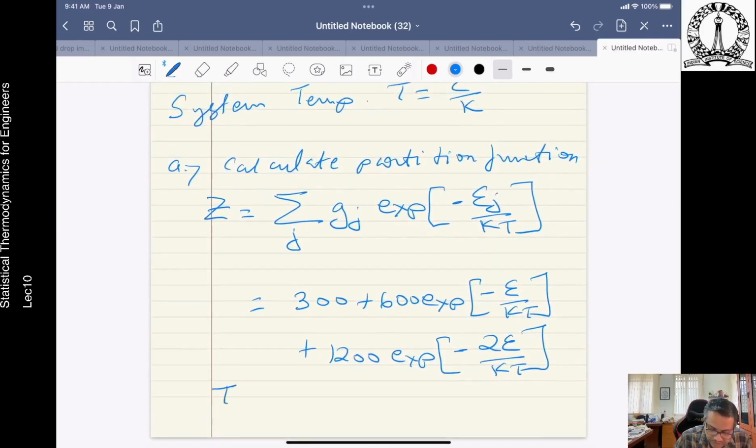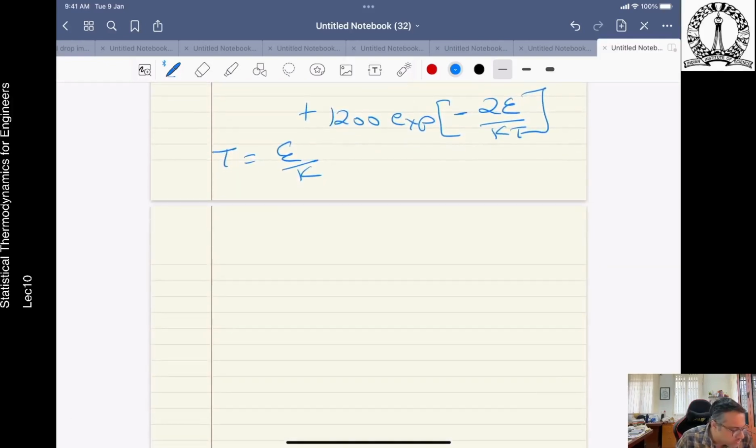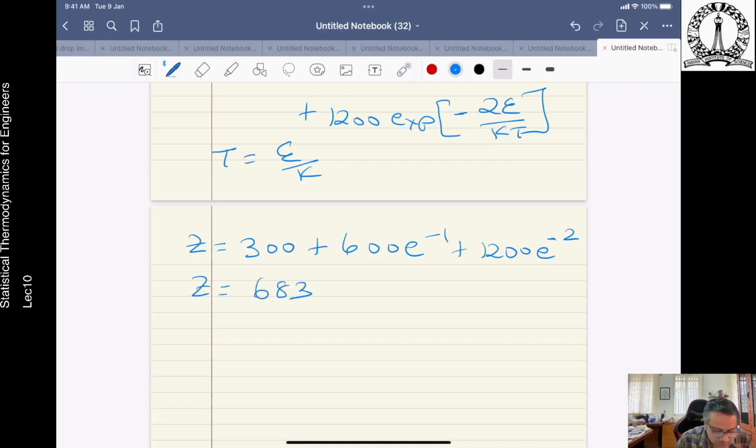Recall the temperature is E by K. So the partition function becomes 300 plus 600 e to the power of minus 1 plus 1200 e to the power of minus 2. If you do it properly, this will be 683.